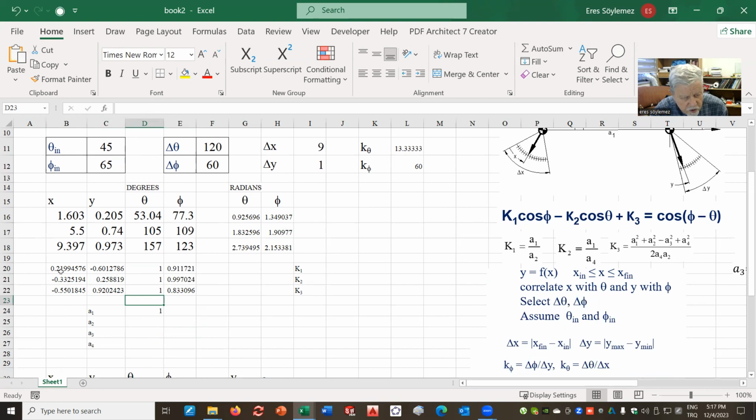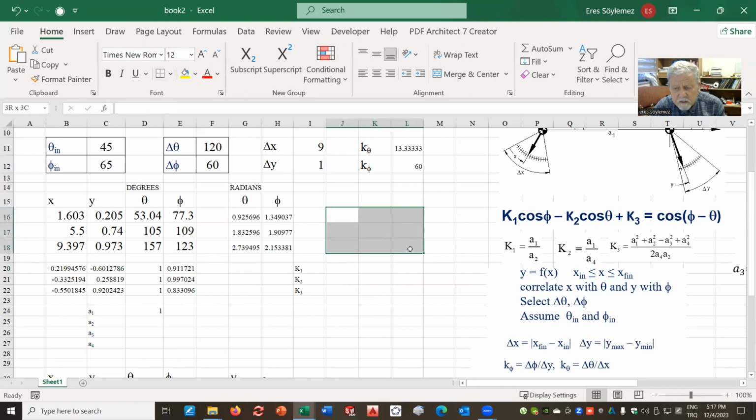This is your coefficient matrix. This is your column vector. Now what you have to do is solve for K1, K2, K3. In linear algebra, K1, K2, K3 will be equal to the inverse of the coefficient matrix times the column vector.